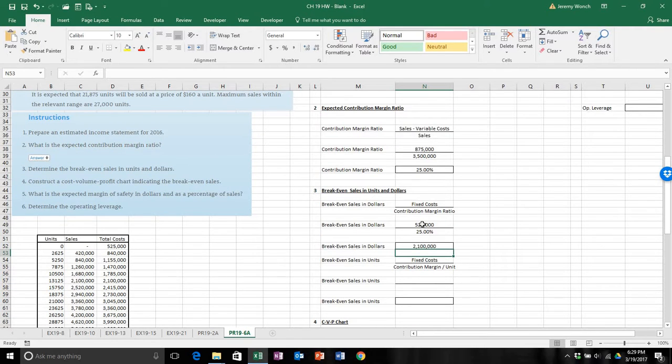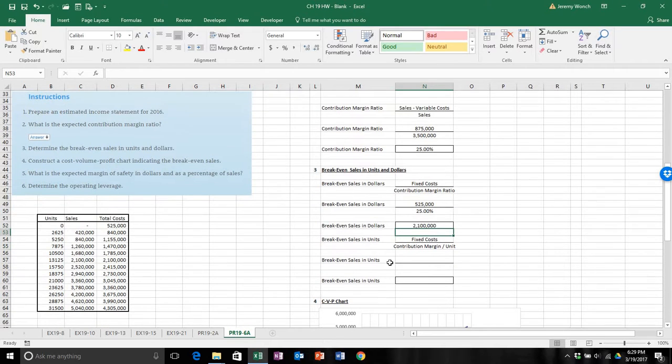So our break even in dollars is 2.1 million. So we have to sell 2.1 million worth of goods to break even. So how many units is that?